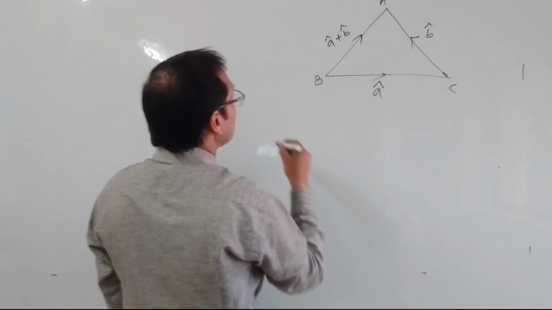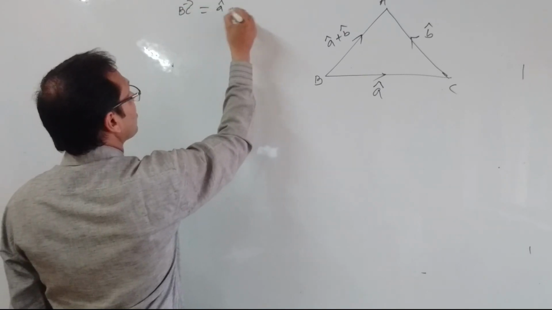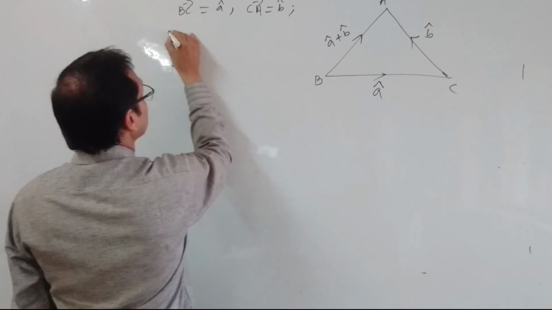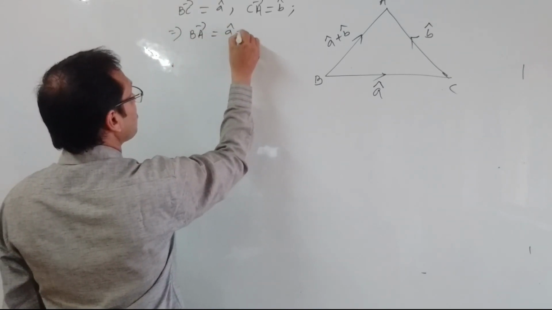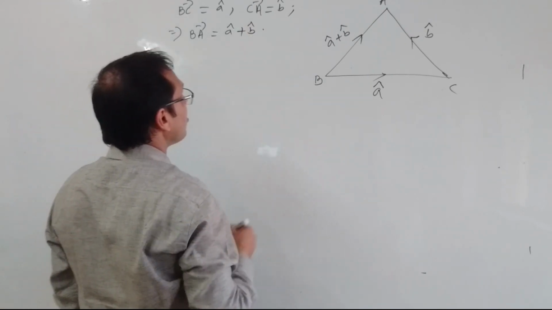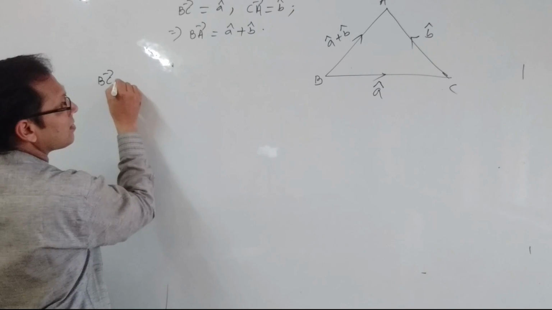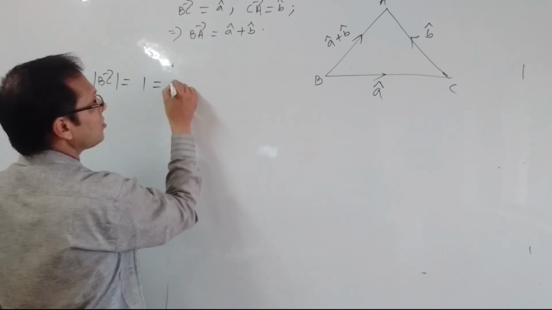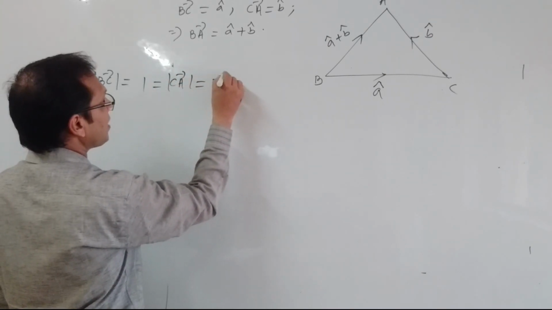Again given that, you should mention here BC vector is equal to A cap, CA vector is equal to B cap, then that implies BA vector is equal to A cap plus B cap. Already given that BC vector magnitude is equal to 1, is equal to CA vector magnitude, is equal to BA vector magnitude.